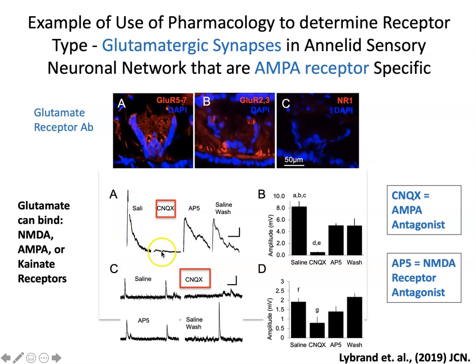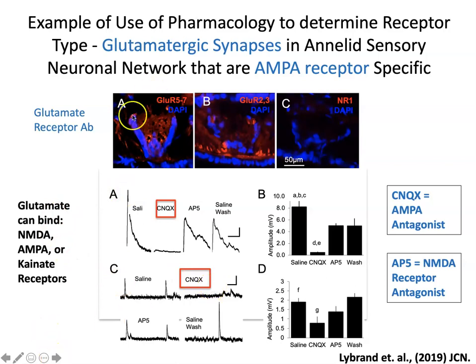You can see here's the normal condition where you get an action potential. And once you put that antagonist on, the action potential's gone. So it essentially indicates that the AMPA receptor may be the one utilized by this particular synapse, because you don't get the same response when you use the antagonist for the other type of receptor, the NMDA receptor.